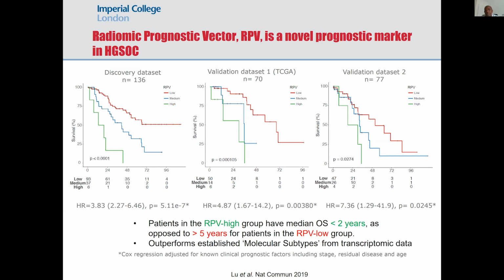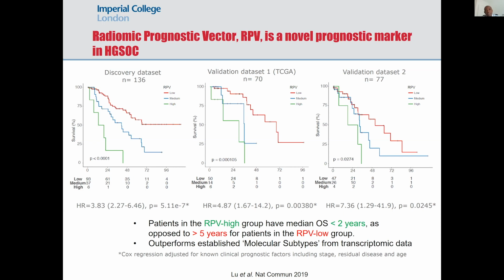And multivariate Cox regression analysis adjusted for known clinical prognostic factors was significant in all groups. So the highlights are that patients in the RPV high group had a median overall survival of less than 2 years, greater than 5 years for those in the low group.